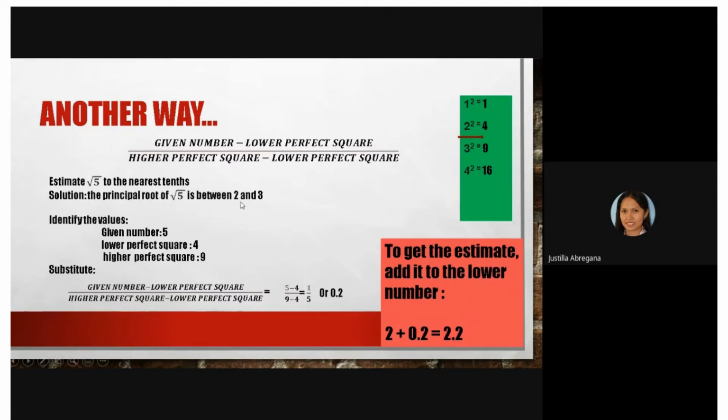So we have here in the first part of our solution that the principal root of square root of 5 is between 2 and 3. So 2, this lower number, we will add the decimal number 0.2, so it's approximately 2.2.